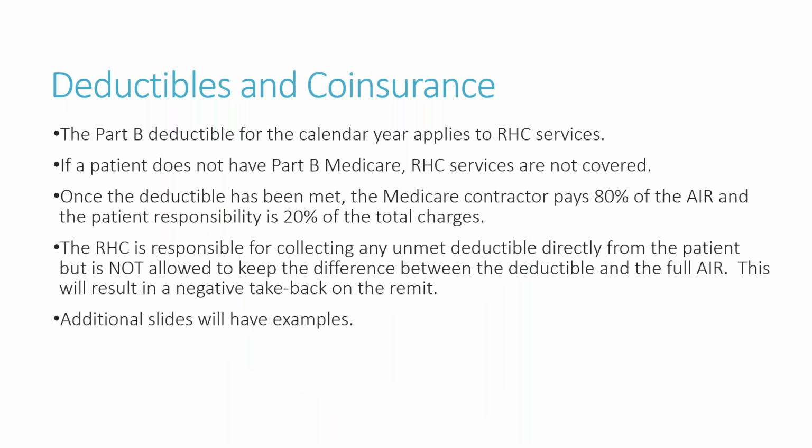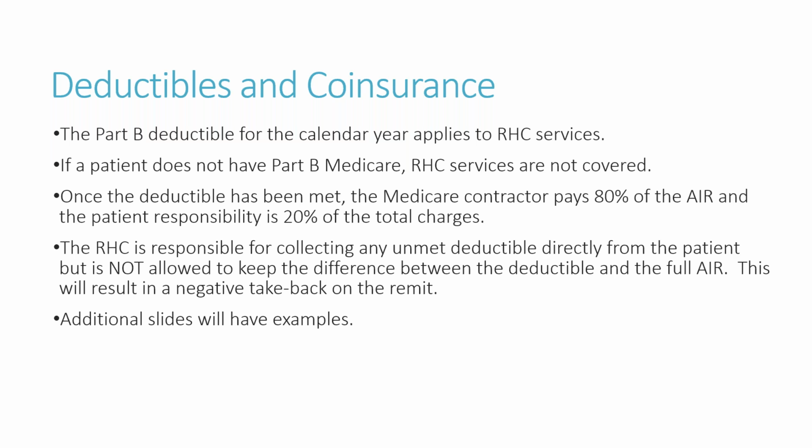So, all right, even though our claims go out as an institutional provider, we go out on a Part A UB claim, even though we send out Part A claims, our services are actually Part B services. And Mark talked about this a little bit in the intro webinar.